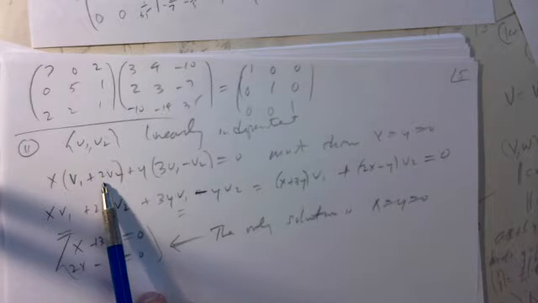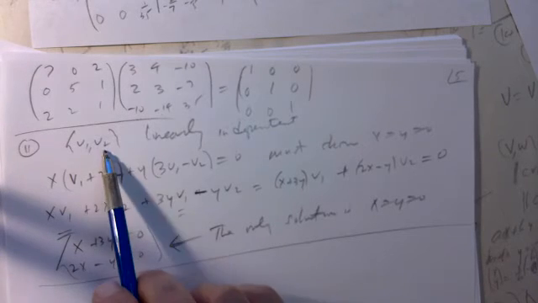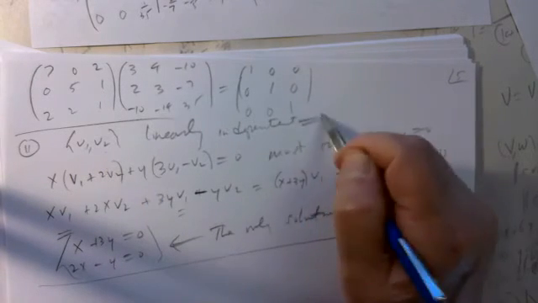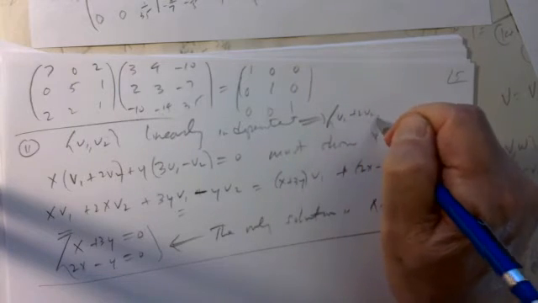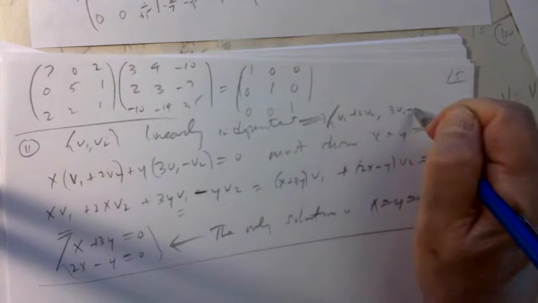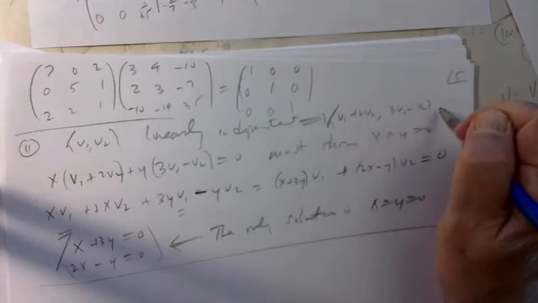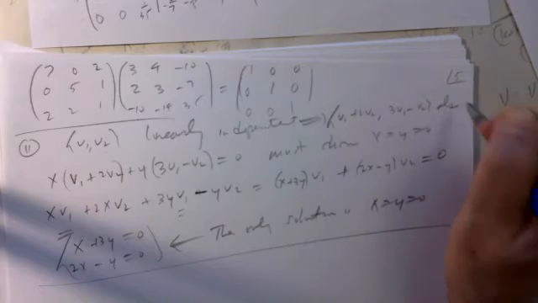So if v1 and v2 are linearly independent, then v1 plus 2v2 and 3v1 minus v2 are also linearly independent. So that's half the problem. And now we want to try and prove this in the opposite direction.